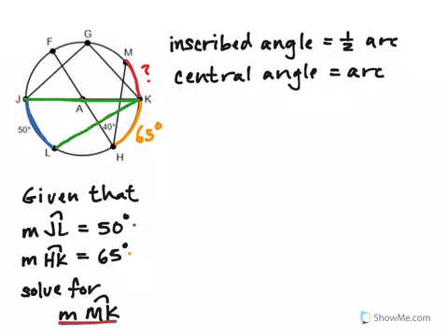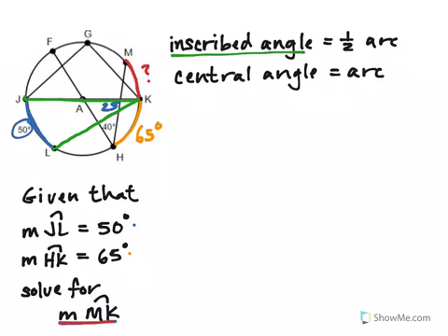It's an inscribed angle because the endpoints, J and L, as well as the vertex, all lie on the circle. We know the relationship of an inscribed angle and its intercepted arc: the inscribed angle is half of the arc. So if the arc is 50 degrees, then the angle is 25. So there's one relationship.